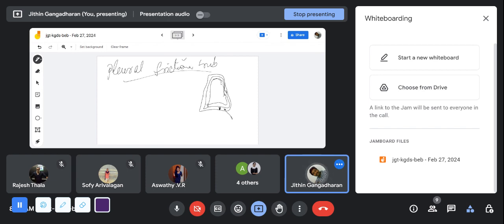So these were the basics of the respiratory system. Next, we'll move into the respiratory pharmacology.